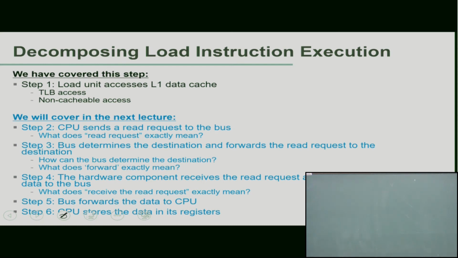We bypass the cache and go directly to the CPU bus, the system bus, to access the VRAM. So far, what we covered is step 1. So what happens if you execute a load instruction is that it is first translated into a physical address, and in this specific case of accessing VRAM, we bypass the cache and go directly to the system bus. We're going to cover steps 2 through 6 in the next lecture, when we talk about interconnect and bus. So we only cover step 1 today.